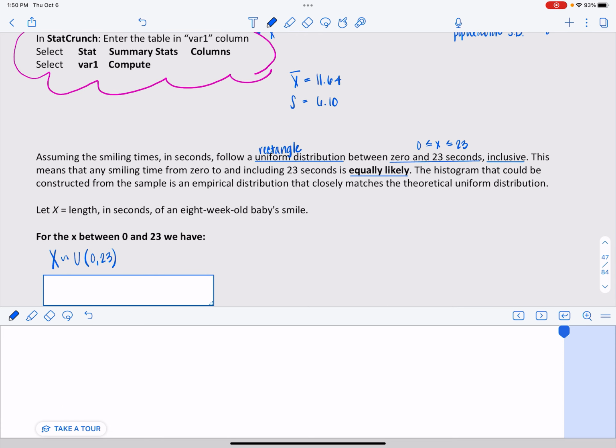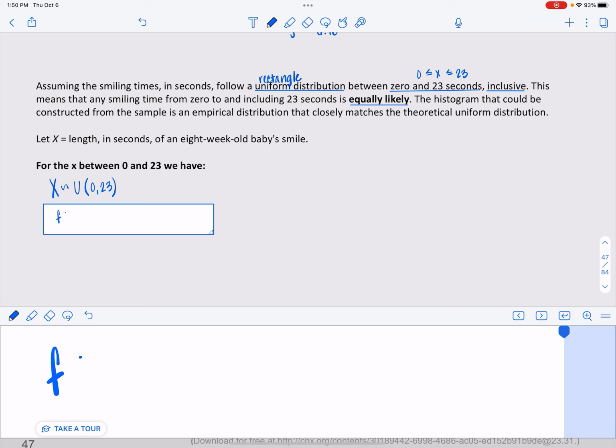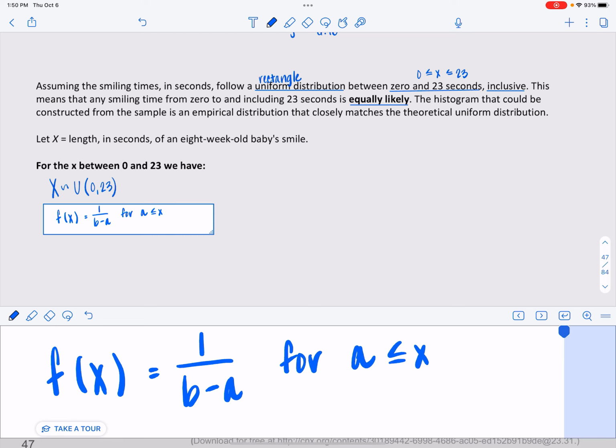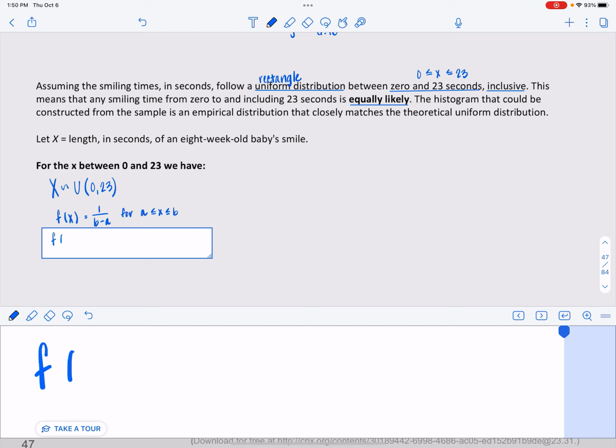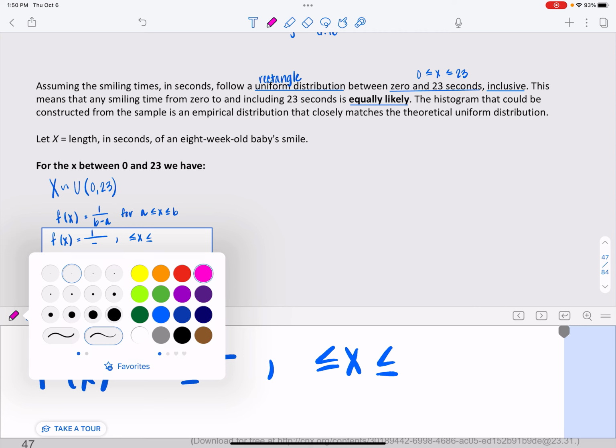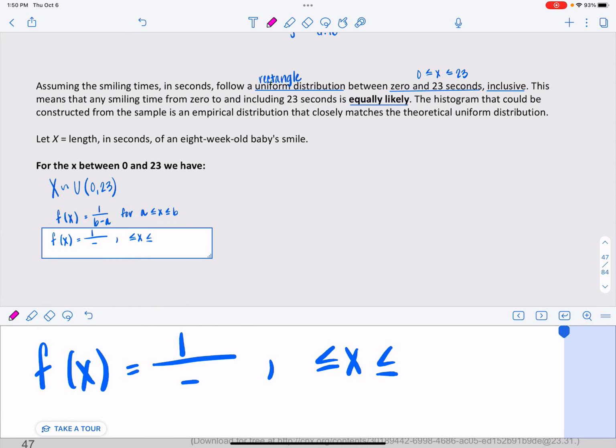To find our function, f of x is 1 over b minus a for a less than or equal to x less than or equal to b. So I'm going to fill in my pieces. I know my b value is 23.